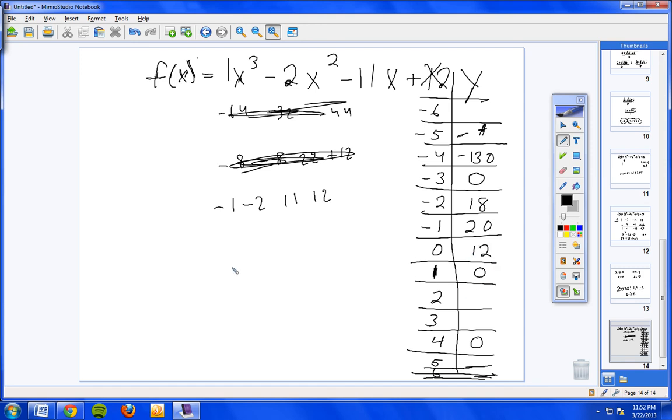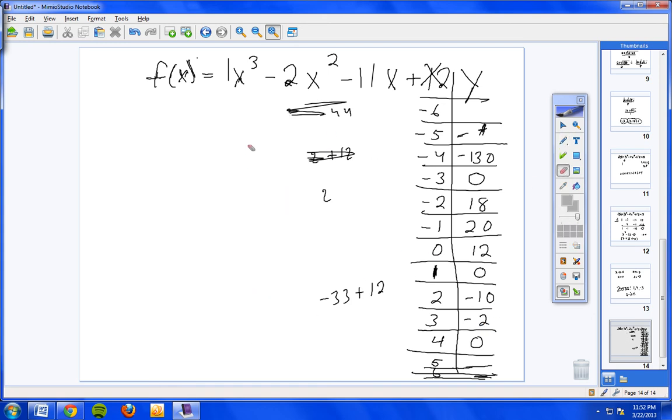And then 2 would give you out a 8, minus 8, negative 22, and 12 would be a negative 10. And then 3 would probably give you out 27, negative 18, negative 33, positive 12, and that would be what? Negative 41 and positive 39. So I'm thinking a negative 2, but I could be wrong. But I'm estimating those, but you'll see.